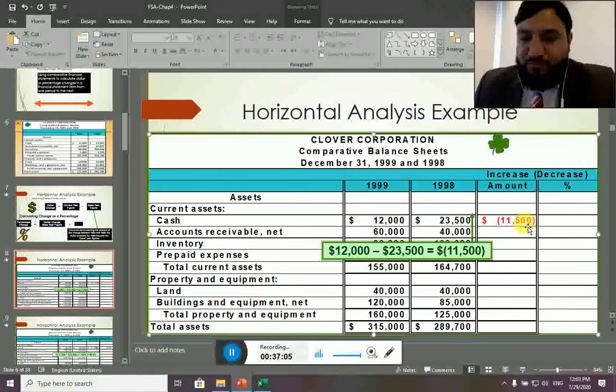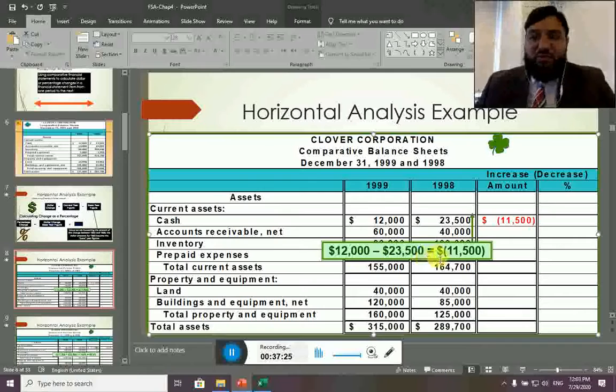That's the dollar change. The same operation can be done for the accounts receivable, inventory, prepaid expenses, total current assets, land and building, and all of these figures.